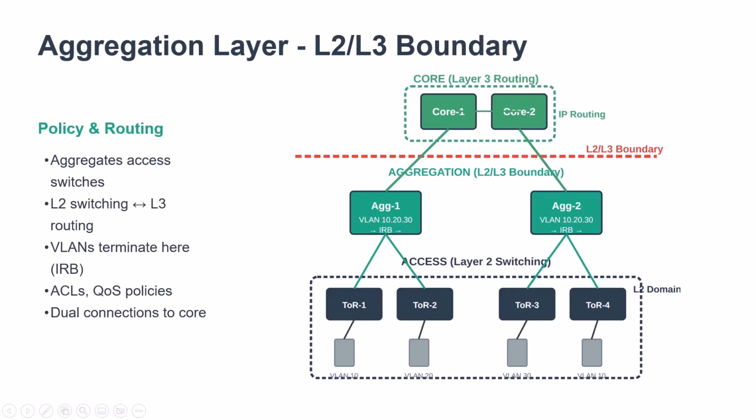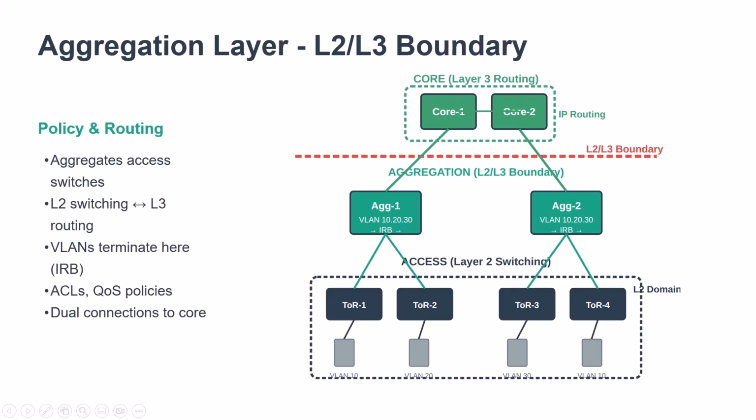Now, here's something critical for your exam: understanding where layer 2 and layer 3 boundaries exist in traditional architectures. In most traditional designs, the access layer operates at layer 2, using Ethernet switching and VLANs to segment traffic. The aggregation layer serves as the L2/L3 boundary. This is where routing typically begins. The core layer operates at layer 3, pure IP routing for maximum scalability. Why this design?